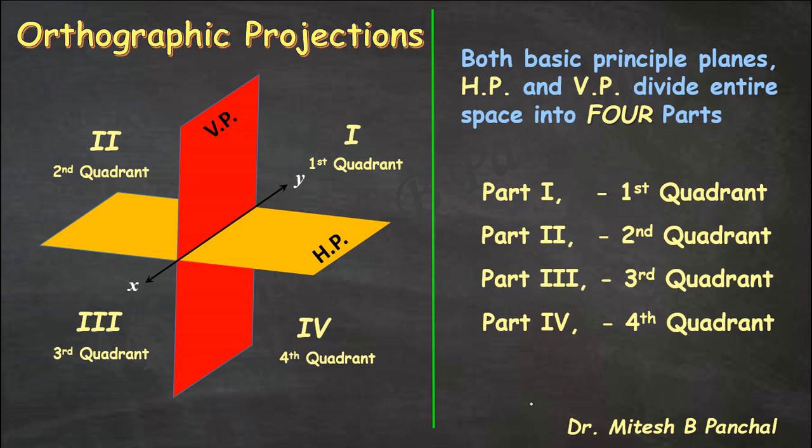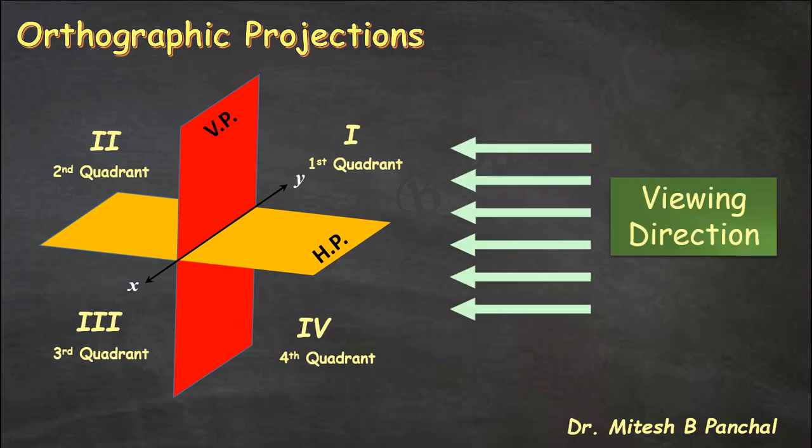Now next, whether the object is in the first quadrant, second quadrant, third quadrant or fourth quadrant, the viewing direction for the front view of an object is fixed, as shown by these arrows. This direction is fixed for the front view, which is from the front side of the vertical plane.